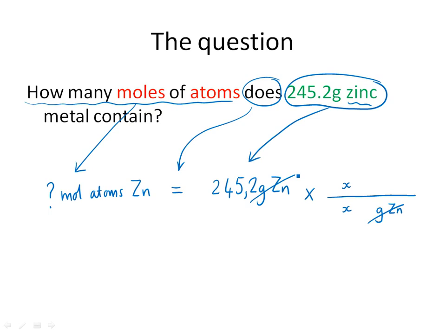And if the top of the fraction has a unit, mole atoms of zinc, that will introduce the unit required by the question. So what we need to determine now is, how many moles of atoms of zinc is equivalent to how many grams of zinc?